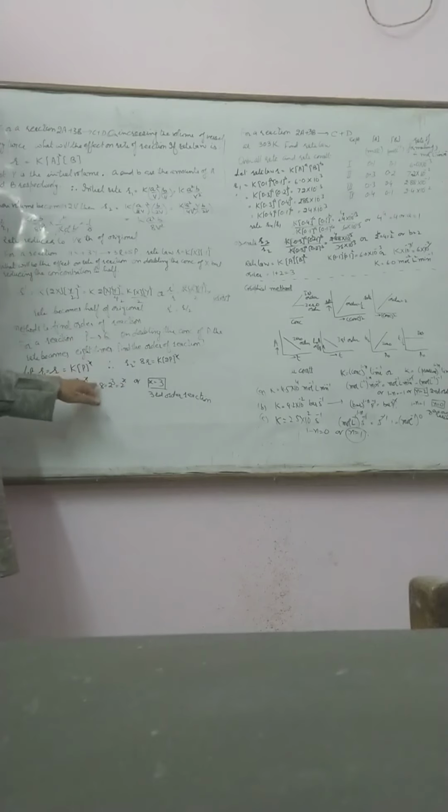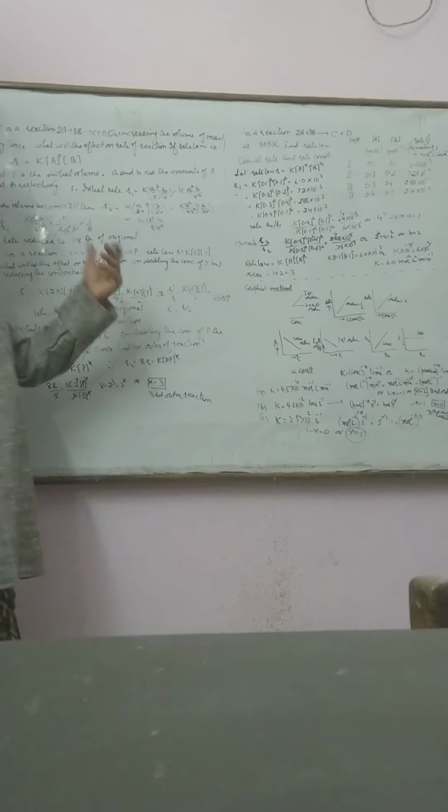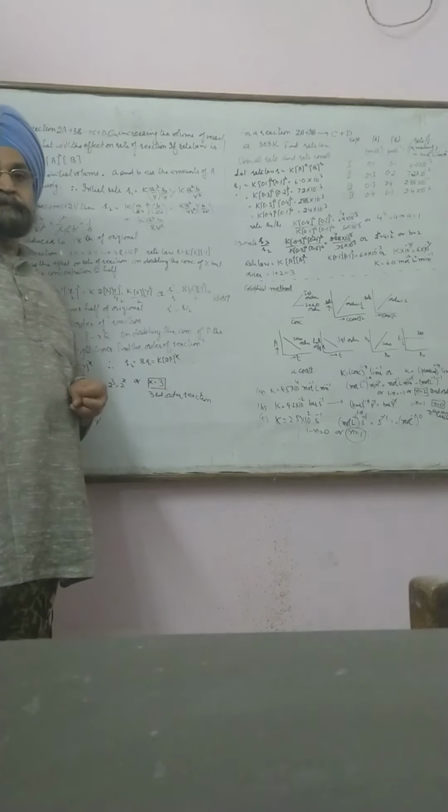If there is no change, in that case it comes out to be 1, r by r, and 2 to the power 0, then it becomes a zero order reaction.